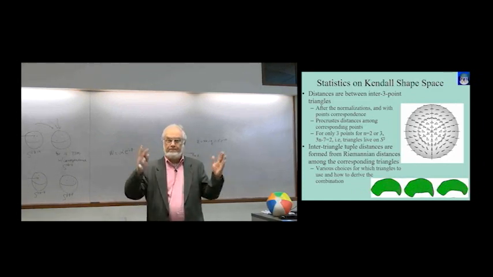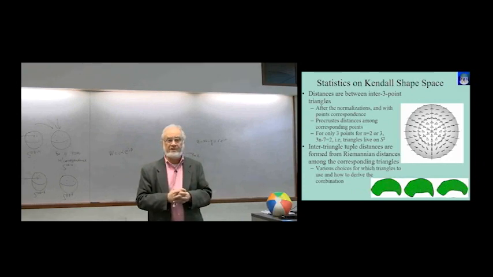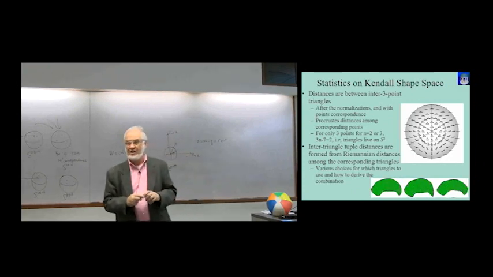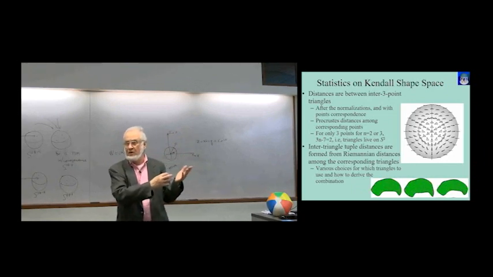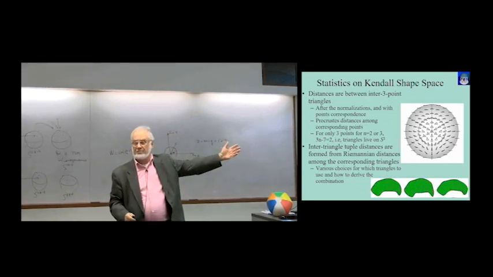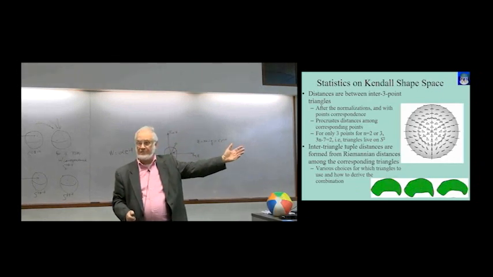And so the basic point is that if you want to do statistics on triangles, you can do it the way we talked about before, or you can do it in terms of these triangles. You'll get the same result.